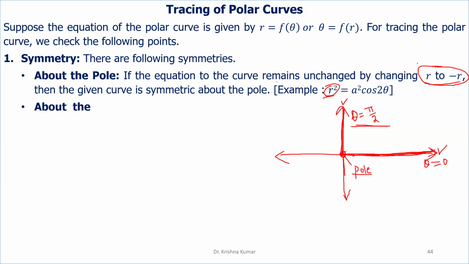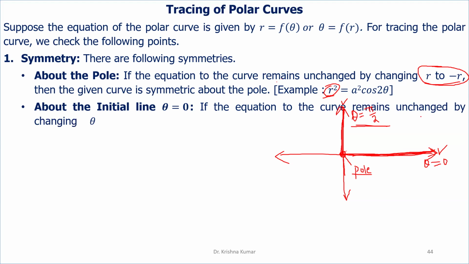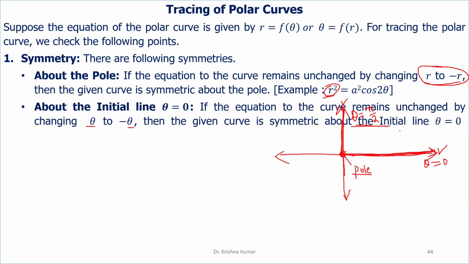Now the second case, about the initial line theta equal to 0. If the equation of the curve remains unchanged by changing theta to minus theta, then the given curve is symmetric about the initial line theta equal to 0. For example, r equal to a times 1 plus cos theta.